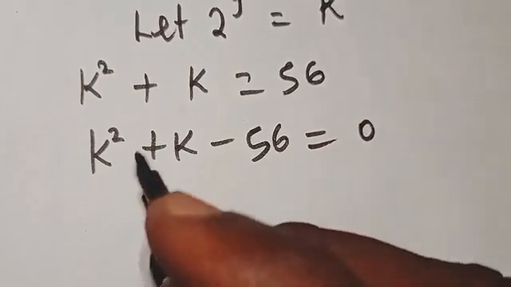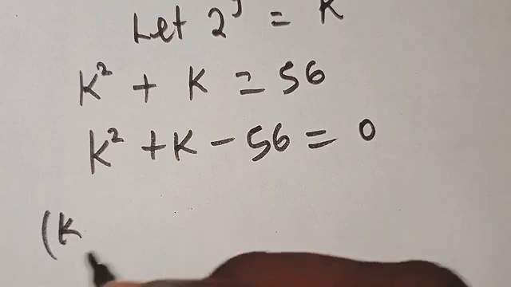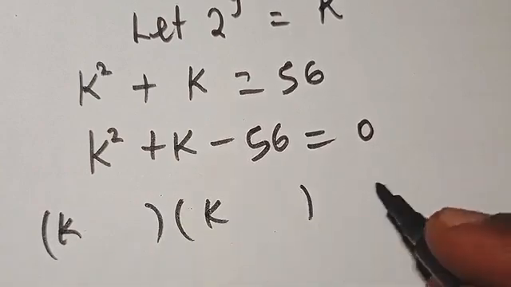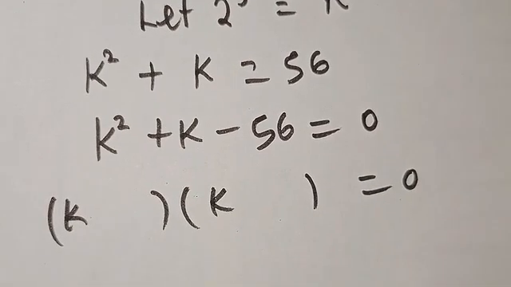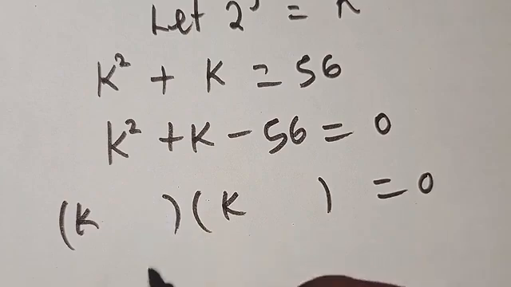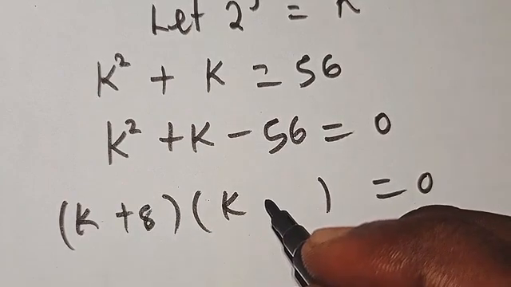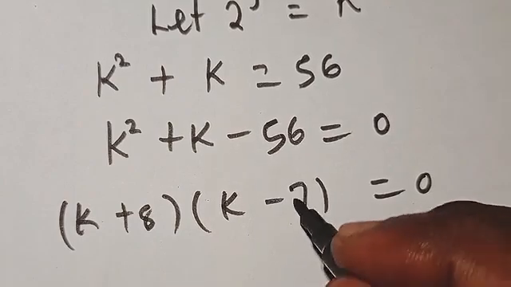So what I'm going to do, by factorizing, I'm going to have k plus 8, then this will be k minus 7.